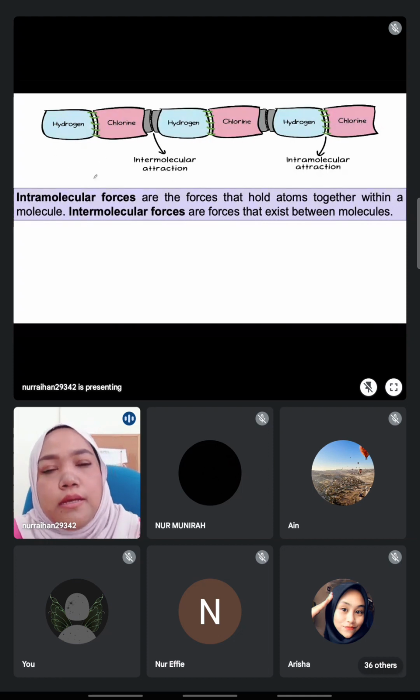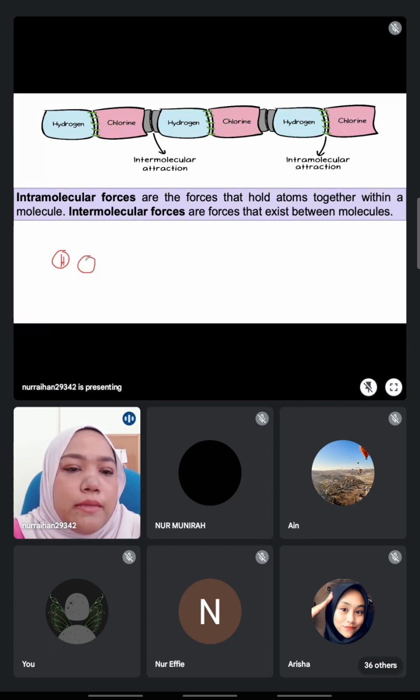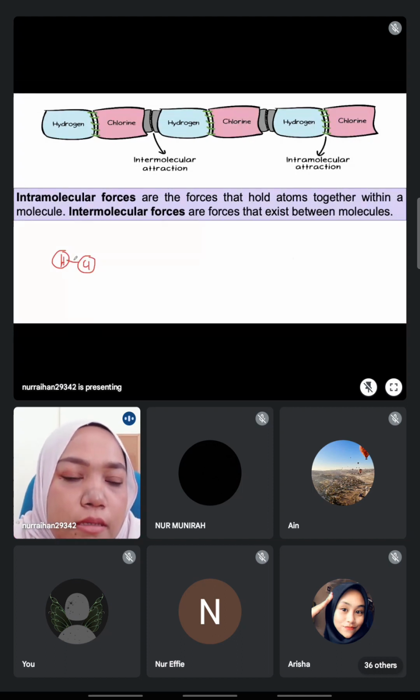So as you can see here, this one is the hydrogen atom. This one is the chlorine atom, Cl. These two atoms will link together via the intramolecular forces, because intramolecular forces hold the atoms together.